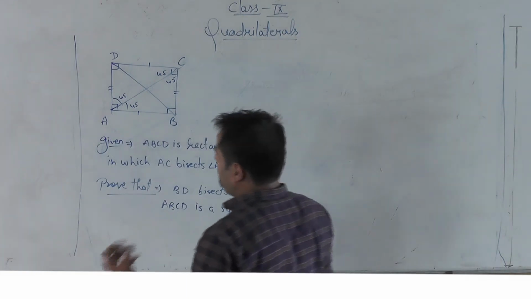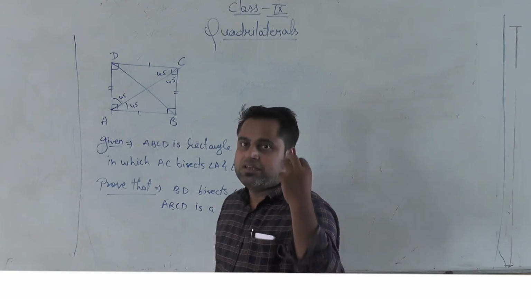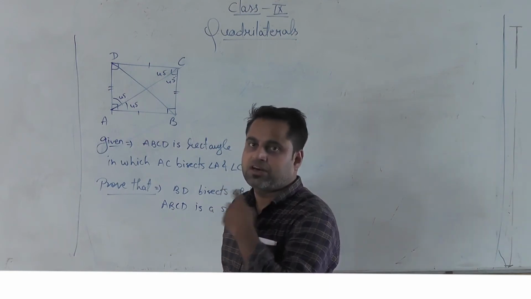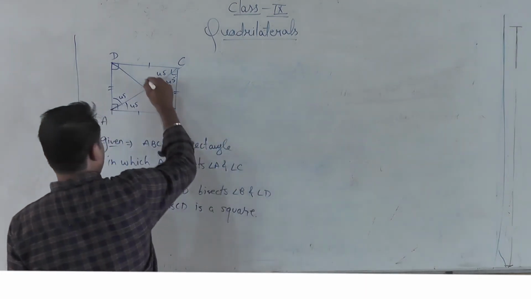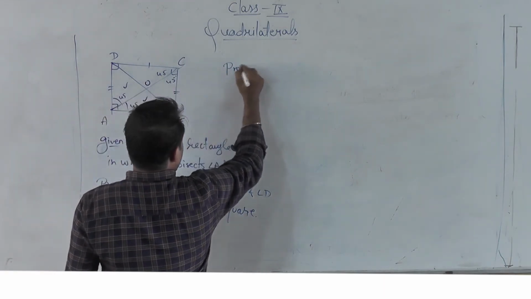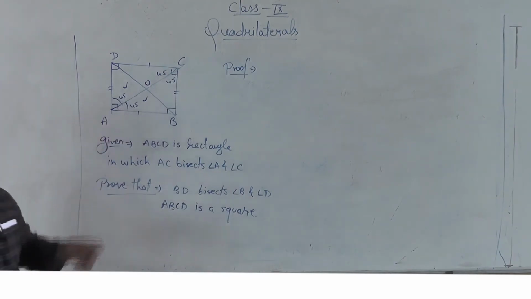Let's see. For a square, you need to show that the adjacent sides are also equal. Here adjacent sides are not equal, only opposite sides have been given equal. So what we are taking here, we take these two triangles of nearby sides so that we can compare these sides by CPCT.